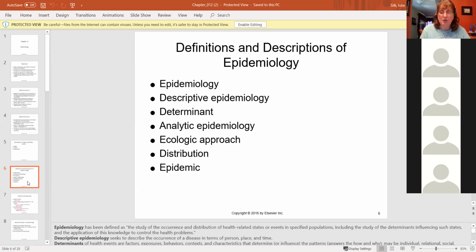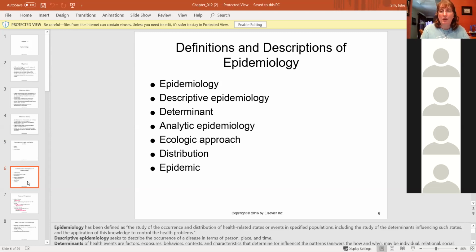Analytic epidemiology is going to be focused on investigation of causes and associations. Ecological approach is the broad consideration of many levels of potential determinants. When we talk about distribution, this is to determine who has the disease and where and when it occurs.